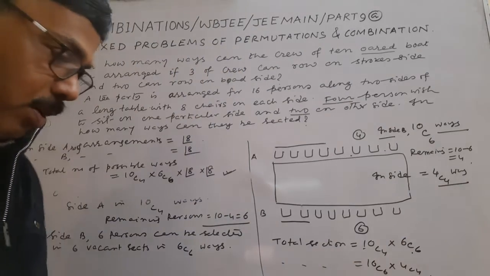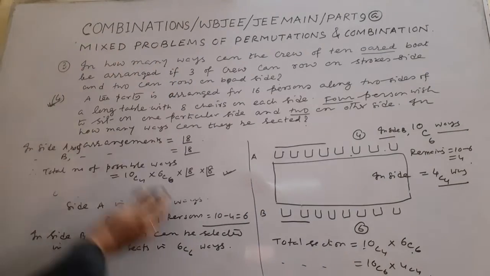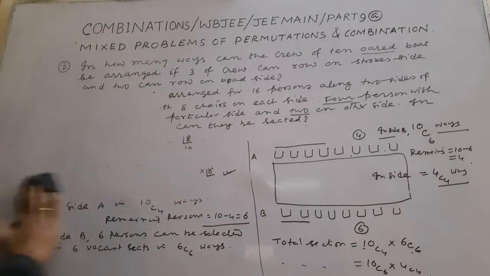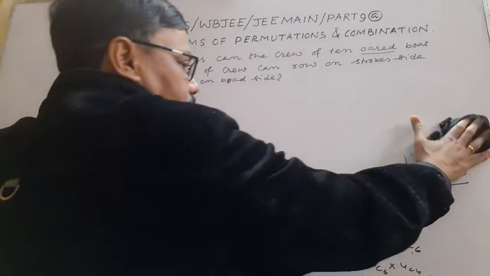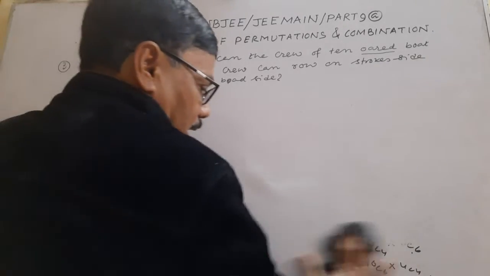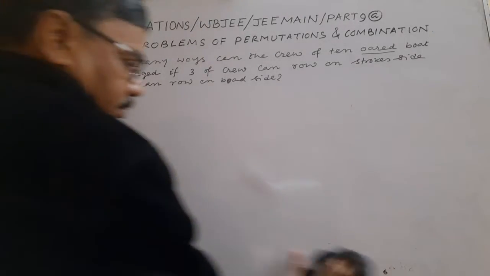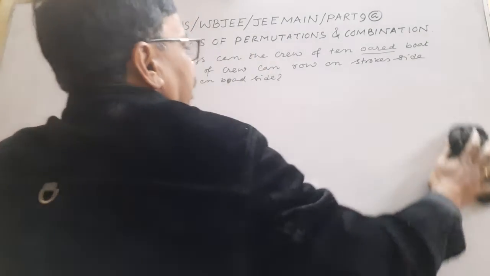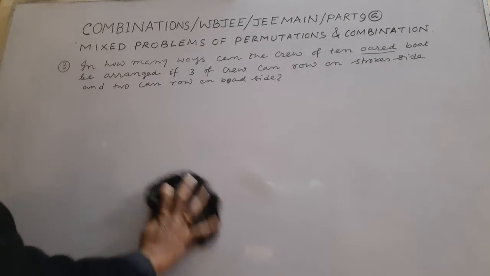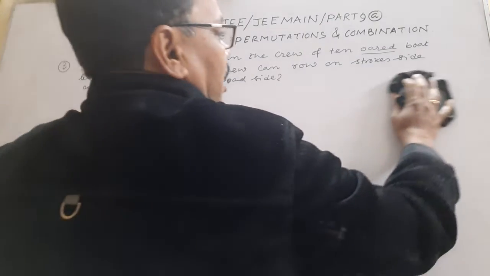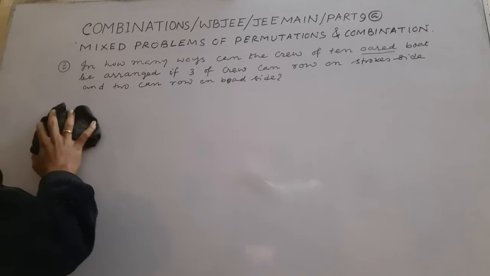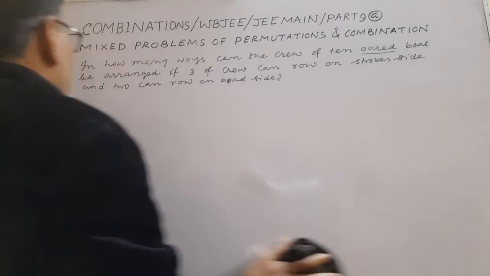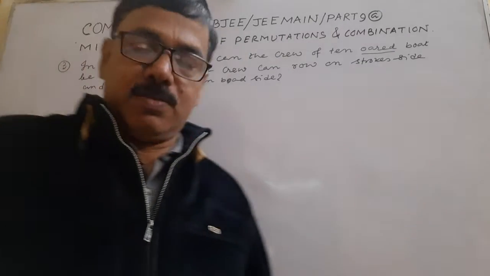Now problem number 3. So exactly same problem. We are discussing it again. In how many ways can the crew of 10-oared boat be arranged if 3 of crew can row on stroke side and 2 of them can row on bow side?